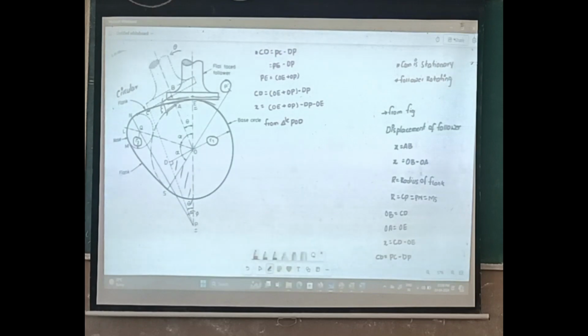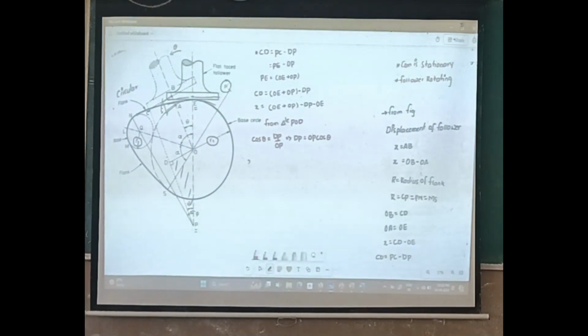Okay. From the triangle, cos theta is equal to adjacent side by hypotenuse. What is the adjacent side? DP by hypotenuse OP. So from this, DP is equal to OP into cos theta.